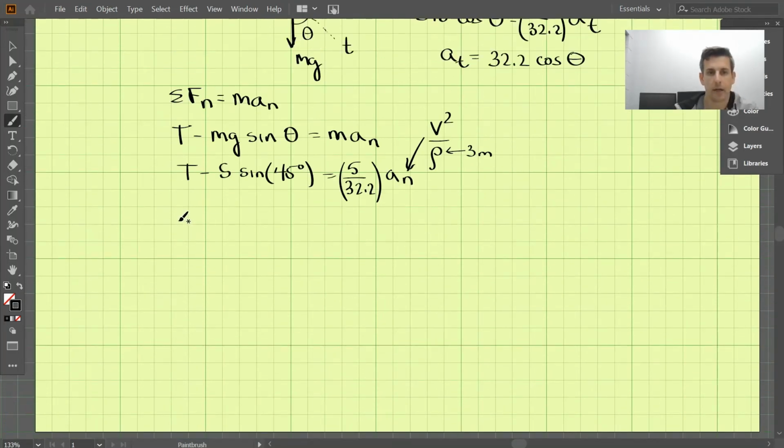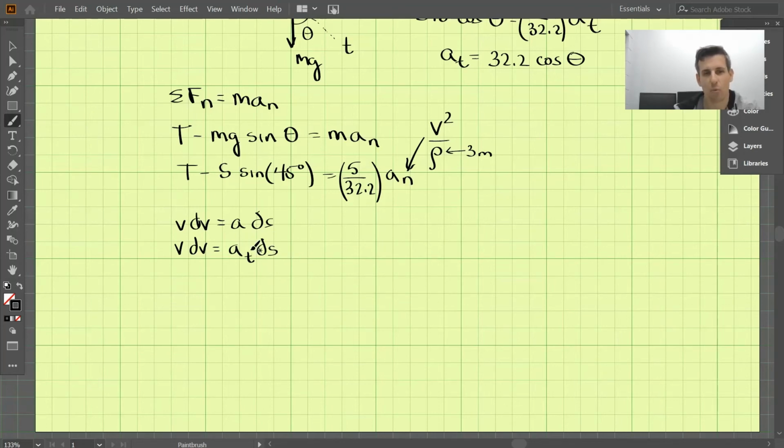And if you remember this equation, v dv is equal to a ds. All right. So we could set this v dv equal to the acceleration in the tangential direction times ds.